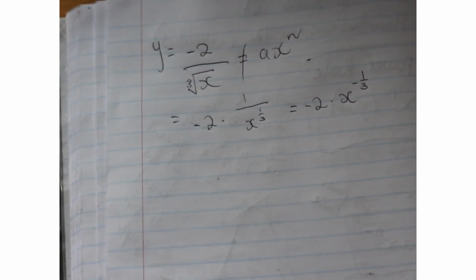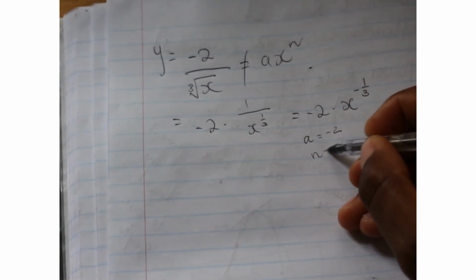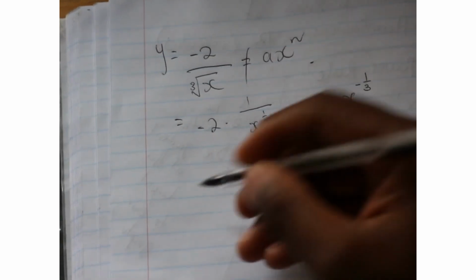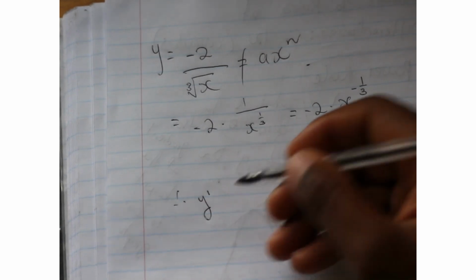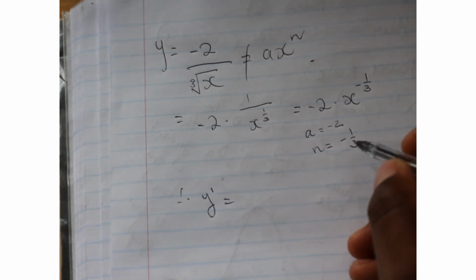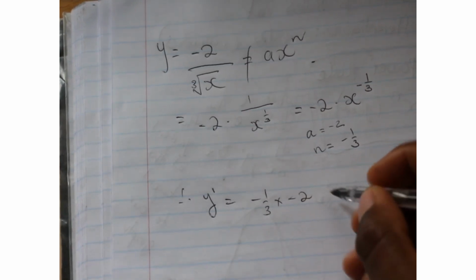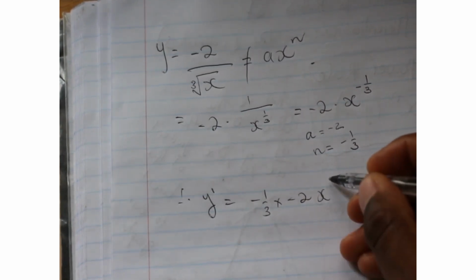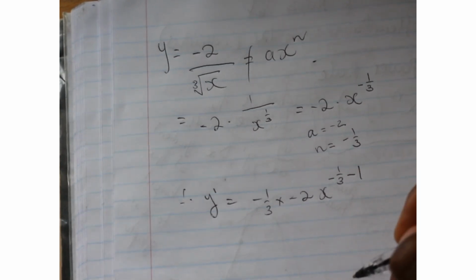Right, and then now we can go right ahead and find the derivative, because we know that a is minus 2 and n is minus 1 over 3. Okay, so therefore y prime, or dy over dx, is then going to be equal to what? The a and the n, we multiply them together, so we've got minus 1 over 3 times minus 2 x to the exponent negative 1 over 3 and then minus 1.